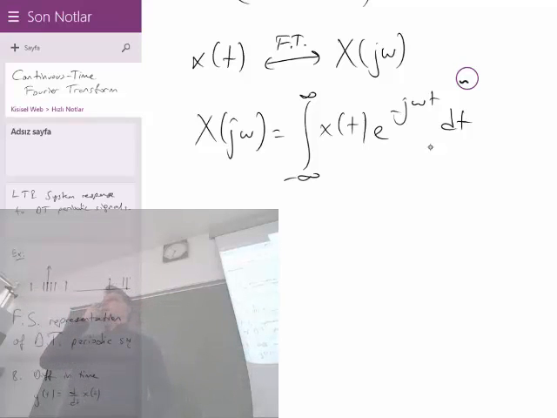What you say is that it's a low pass signal. It doesn't contain high frequencies, it's a low frequency containing signal. Or it may be a band pass signal, just like band pass systems or band pass filters. So you may want to analyze signals with respect to their frequencies as well.